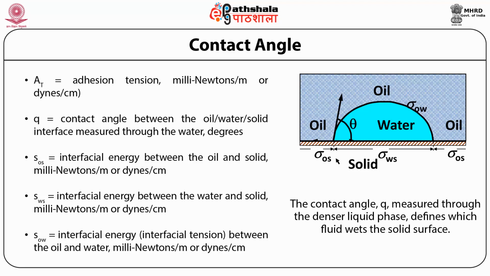A given system of solid, liquid, and vapor at a given temperature and pressure has a unique equilibrium contact angle. However, in practice, contact angle hysteresis is observed, ranging from the so-called advancing maximal contact angle to receding minimal contact angle.